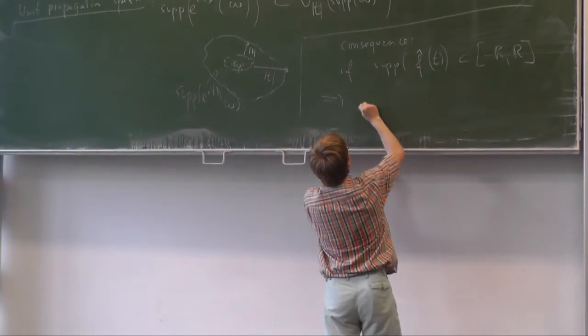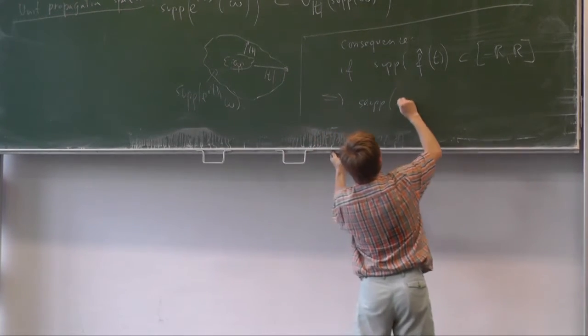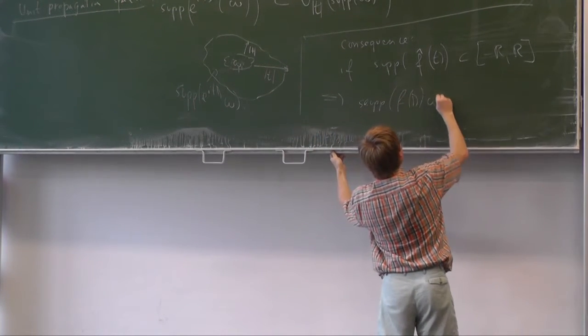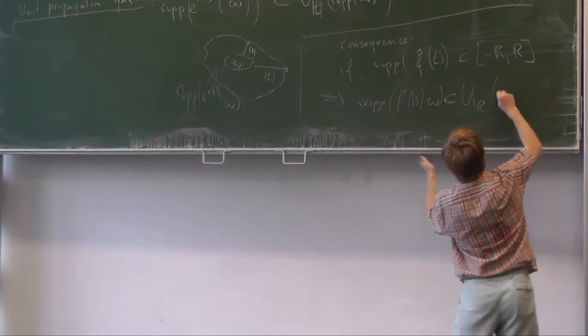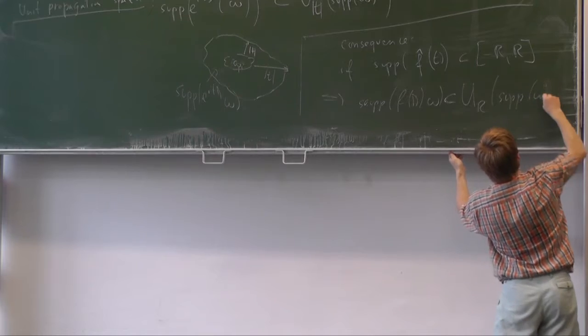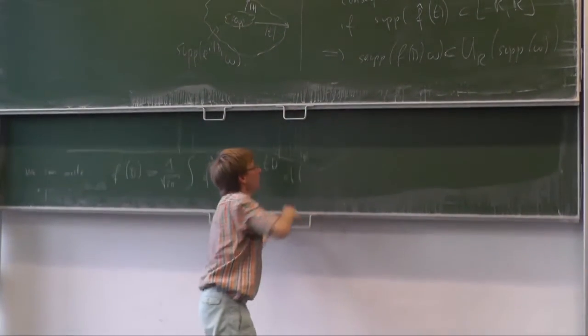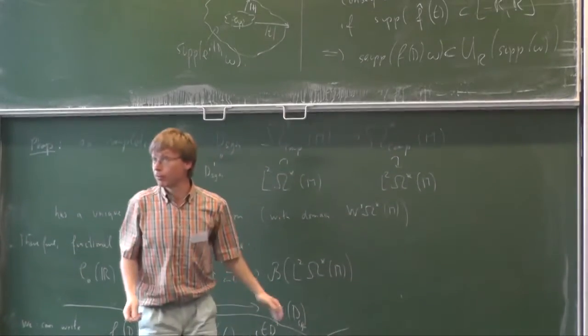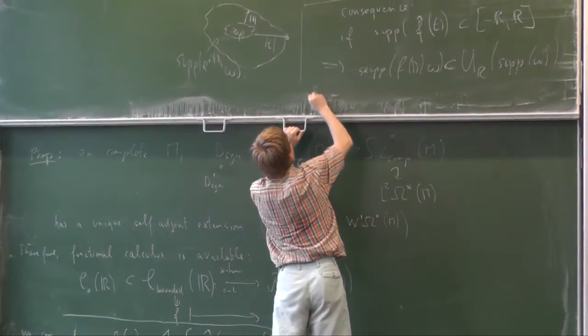We get the support of f(D) omega contained in the r-neighborhood of the support of omega.